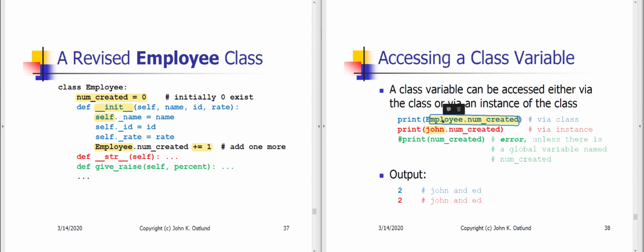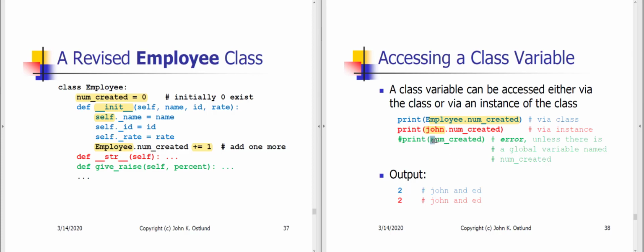Okay, so we would most commonly use the class name and the class variable name to access that class variable. But you can do it with an individual object, an instance.